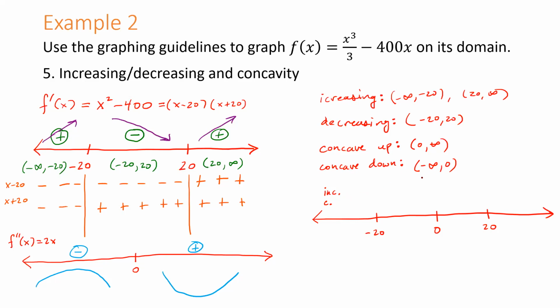Right, from negative infinity to 0 is concave down. So it'll be increasing and concave down, so maybe something that looks like this. From negative 20 to 0, we know it'll be decreasing and concave down.